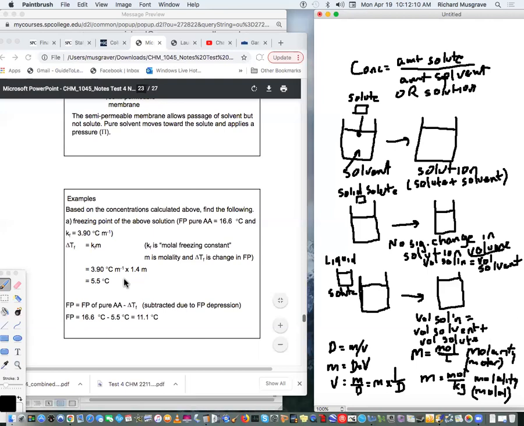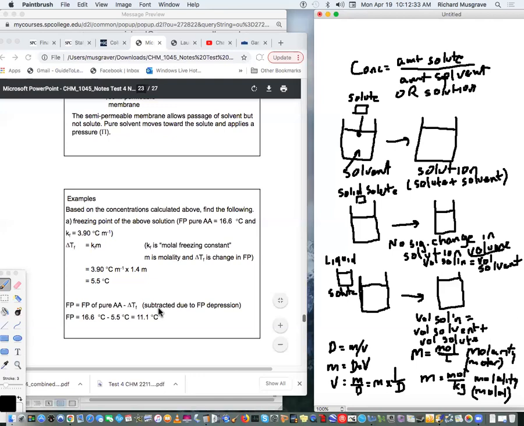Now, the pure freezing point is also given here in the problem, 16.6 degrees Celsius. There it is right there. So in order to figure out the new freezing point, we take the 16.6 degrees Celsius minus 5.5 degrees Celsius. And the reason we're subtracting it is due to freezing point depression.